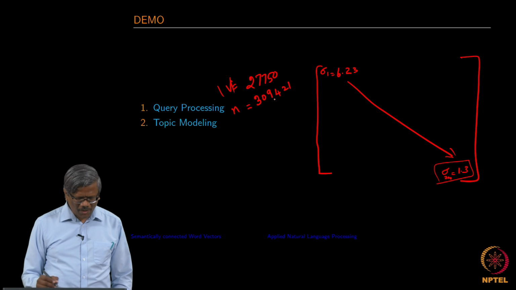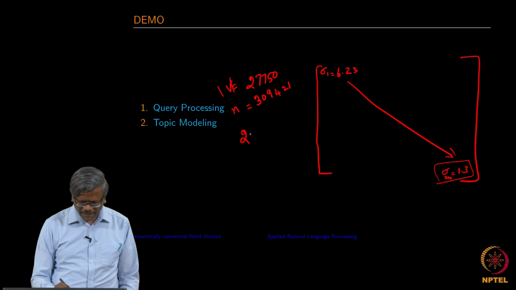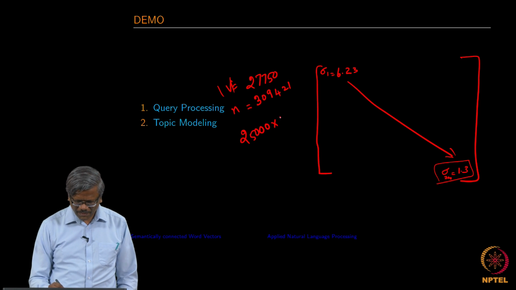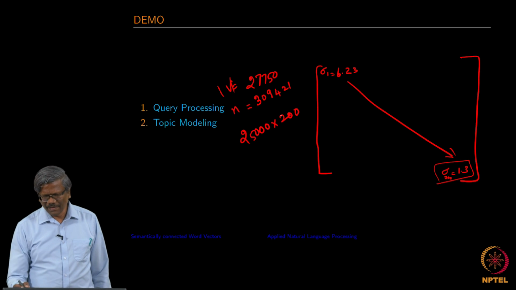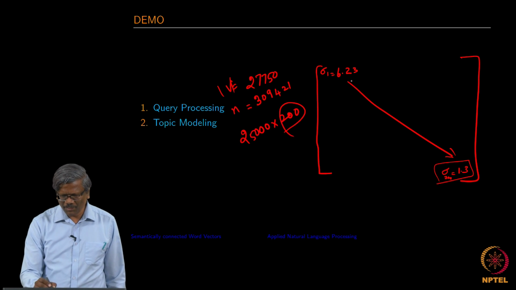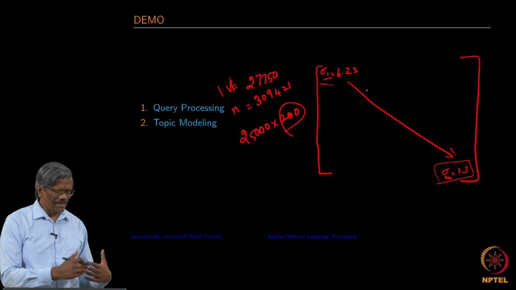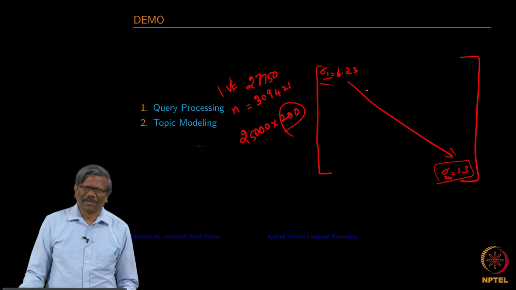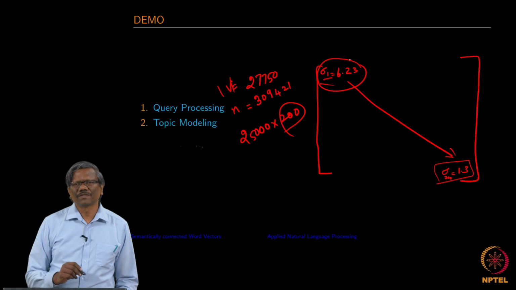So that's the total count. What we have done is we have taken about 25,000 into 200 as our matrix size, and still the contribution of this sigma all throughout is really corrupting our application. So how do we get this reduced?